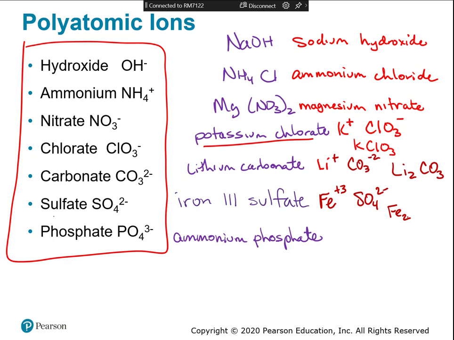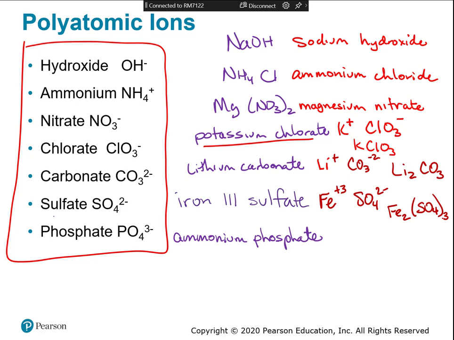If there's more than one polyatomic, I have to put it in parentheses. Don't worry about trying to split it out. So remember, if you have a polyatomic and there's more than one of them, don't try and change the numbers of the formula. Just put it in parentheses and put that number outside.